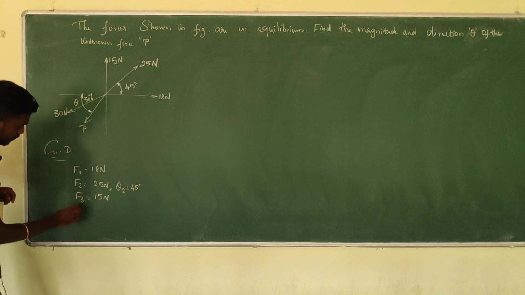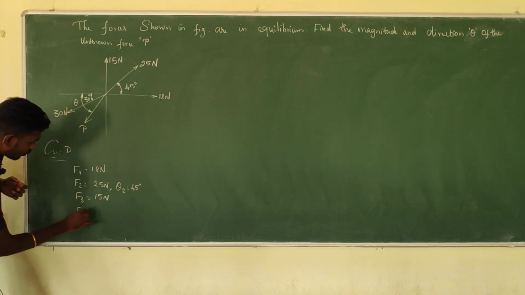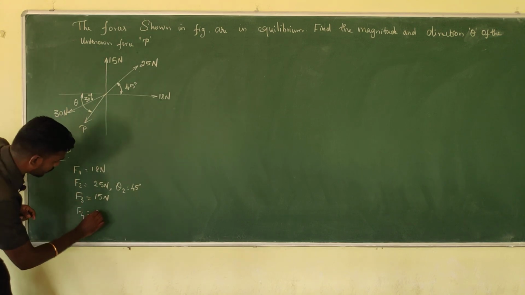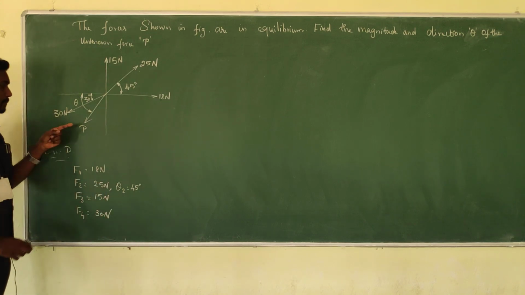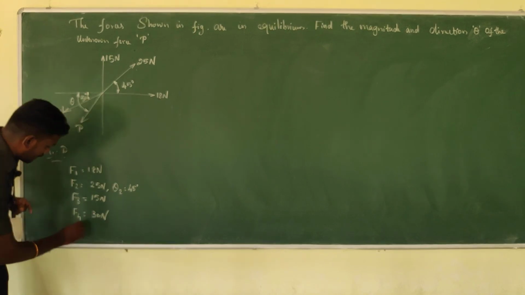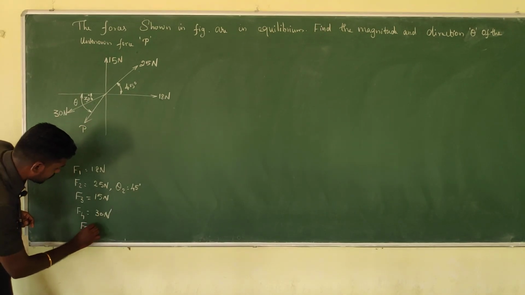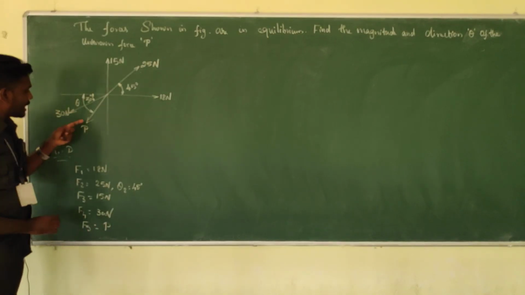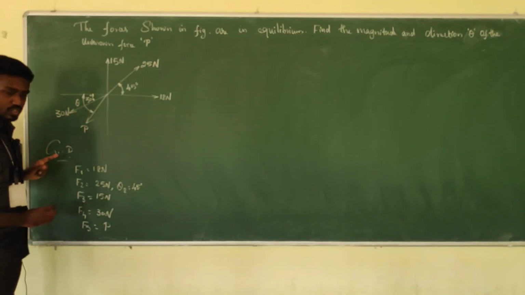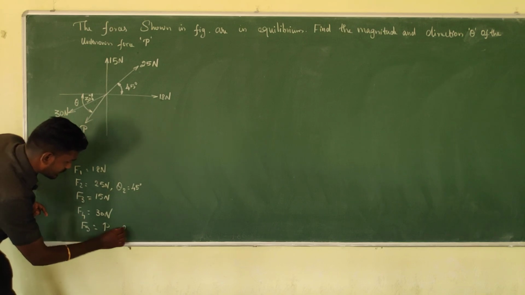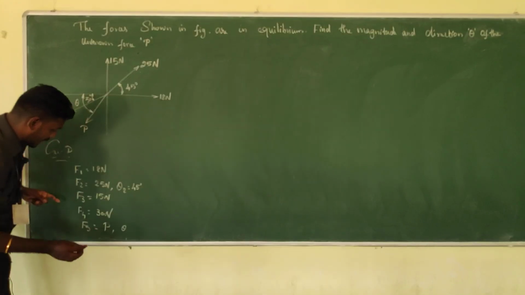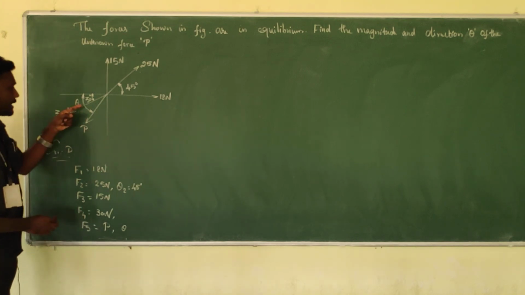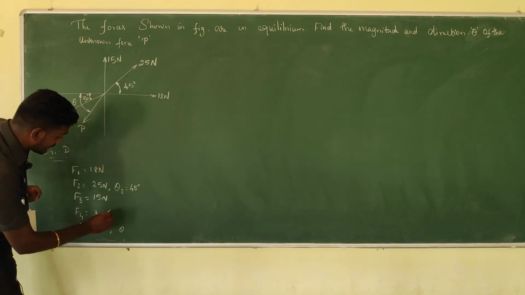And then F4, here in the third quadrant we have the inclined force, which is 30 Newton, inclined at 30 degrees.